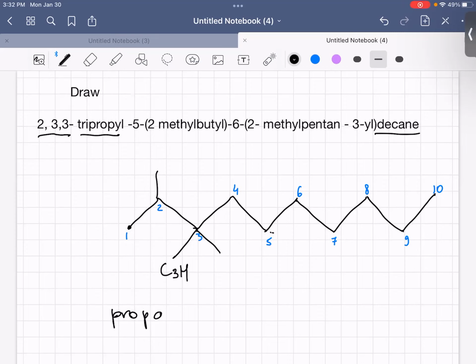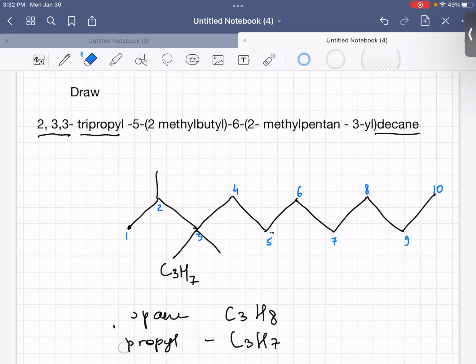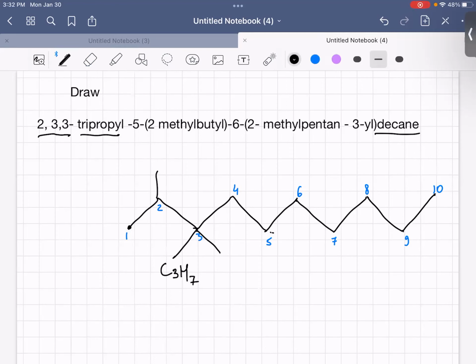Propane is C3H8, so propyl is C3H7. Again, there's one here. There's one here.